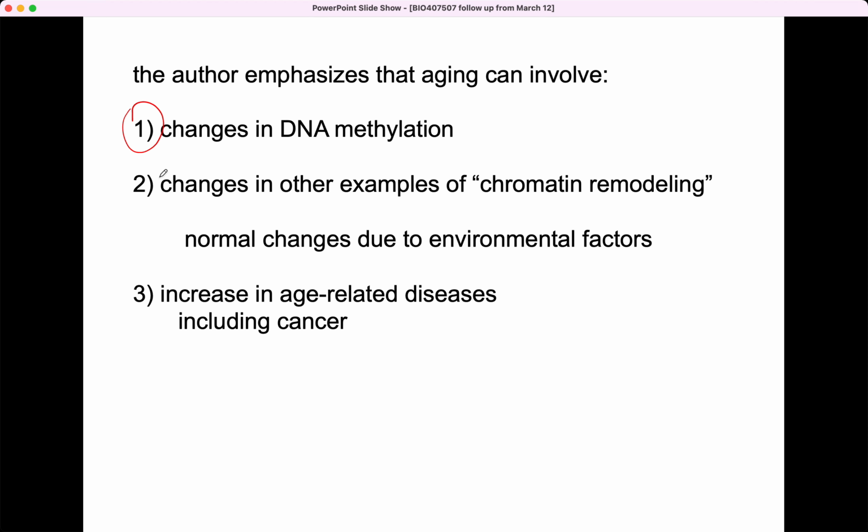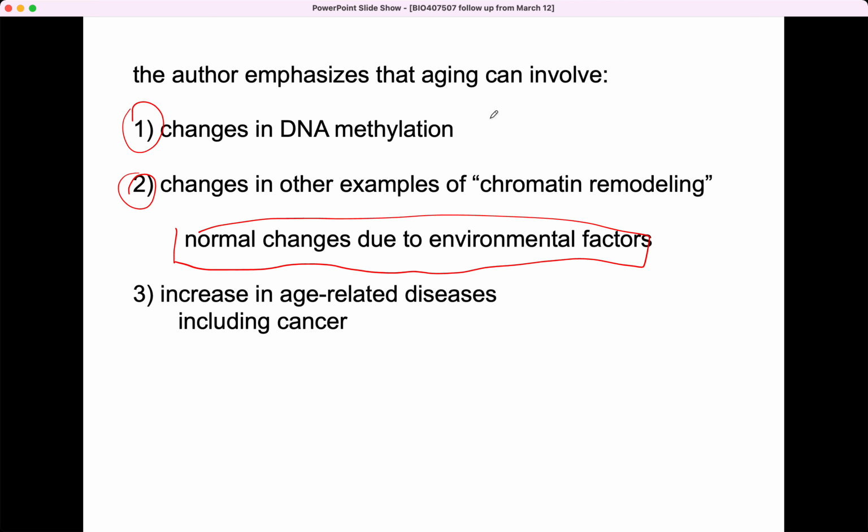So DNA methylation changes and other stories, and both of those can be normal changes due to environmental factors. We've talked about DNA methylation with regard to normal phenotypic plasticity. So yeah, there's going to be changes over the lifespan, you bet. But the author wants to emphasize here that these are errors that can lead to that, okay?